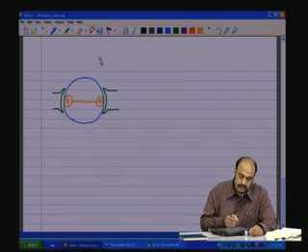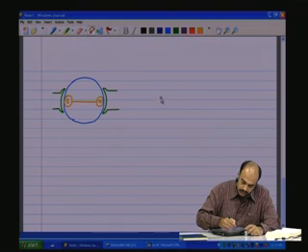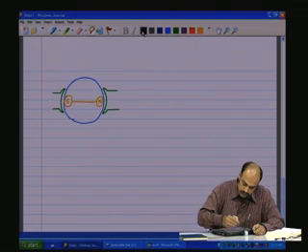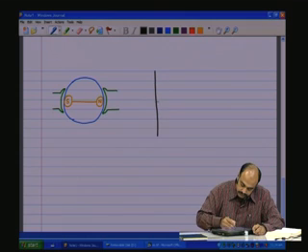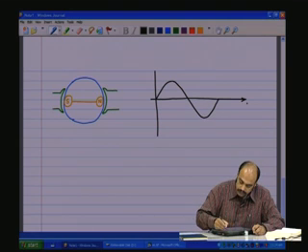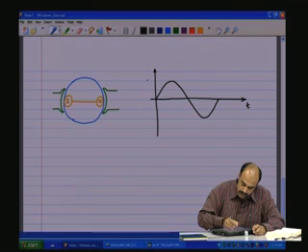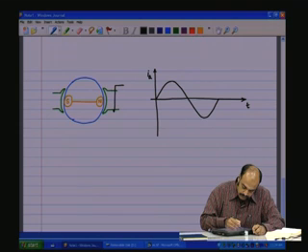Now let us see what happens to this dumbbell as time progresses and we have a sine wave which is applied to the coils. So let's say this is IA and this is applied to the coils here, and then we have also the coils like that.